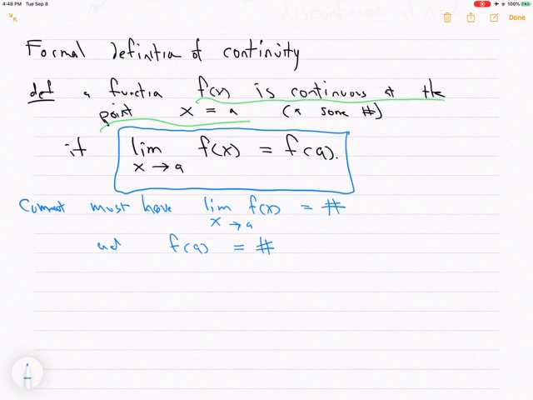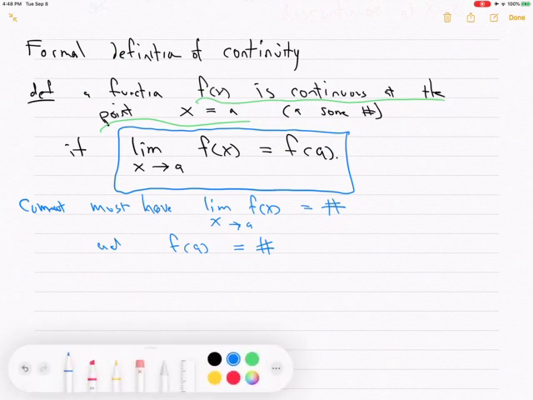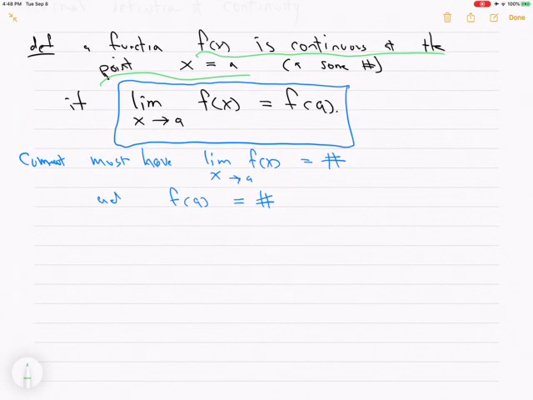And so this definition actually takes care of those three bad situations. So a consequence of this definition is that it allows us to avoid holes.